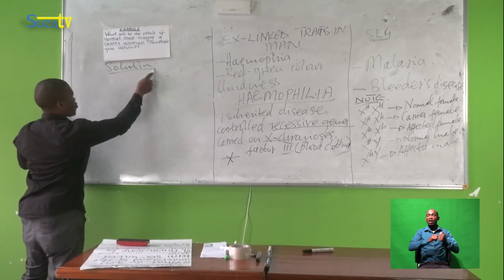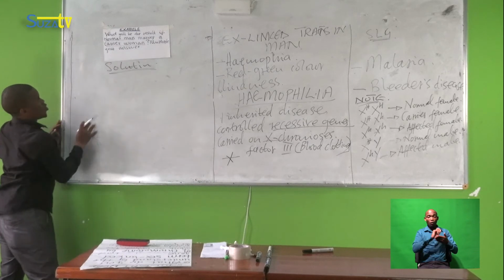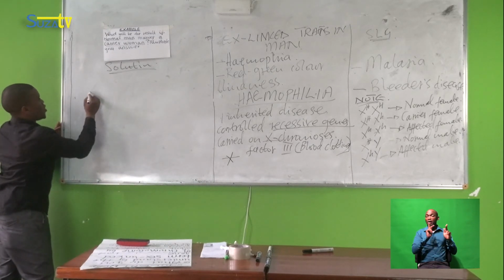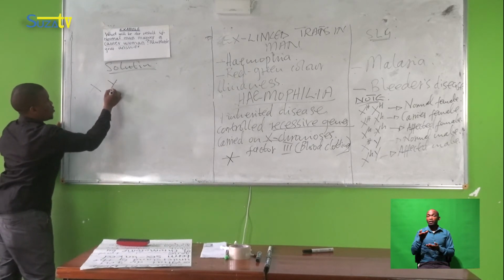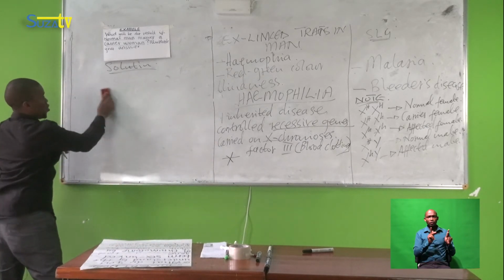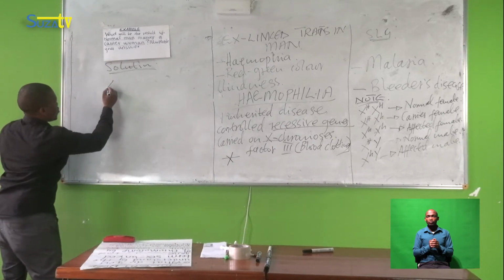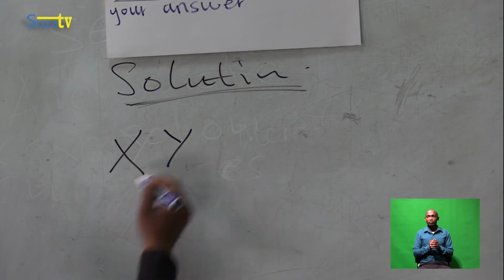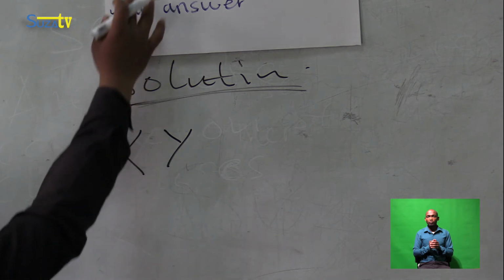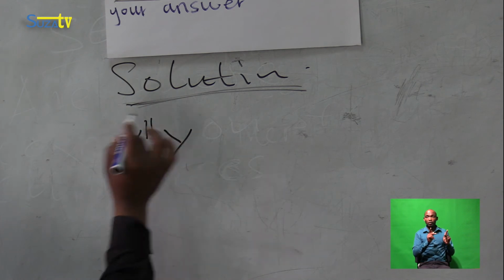So we write normal man. This is a male, and the state of this one is normal. Good.